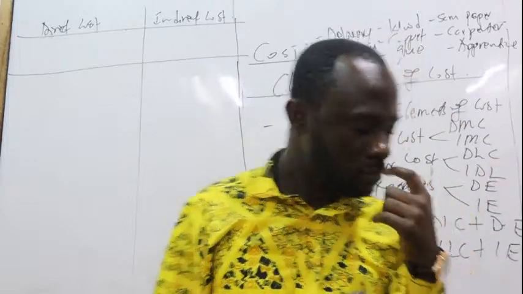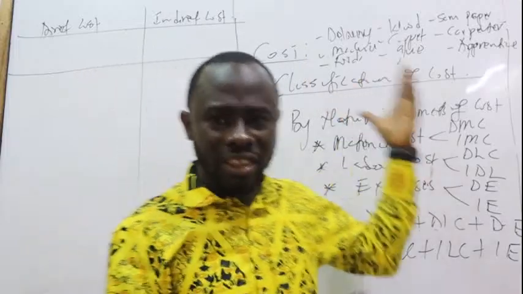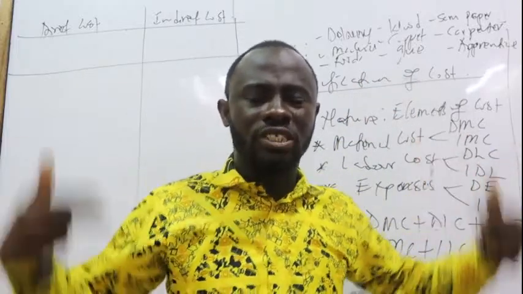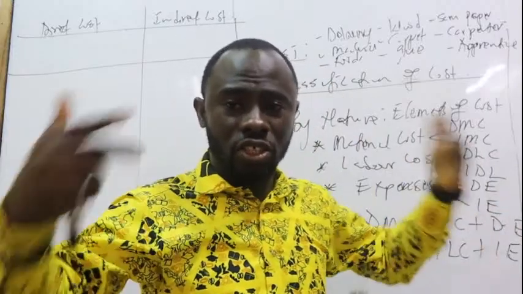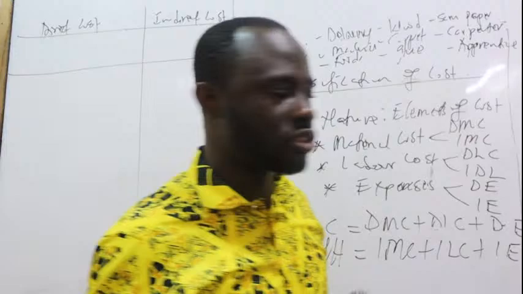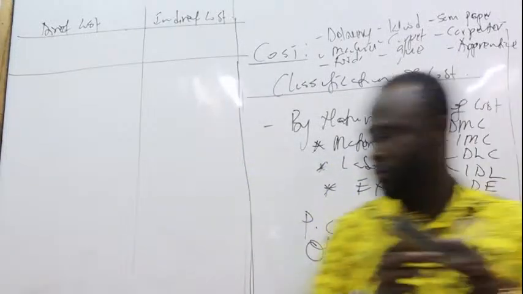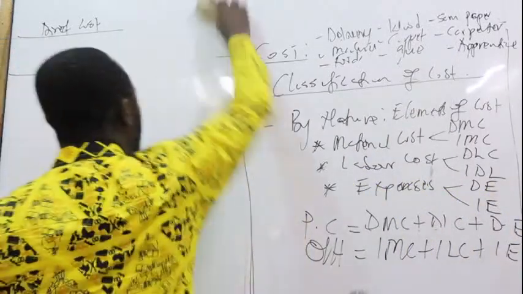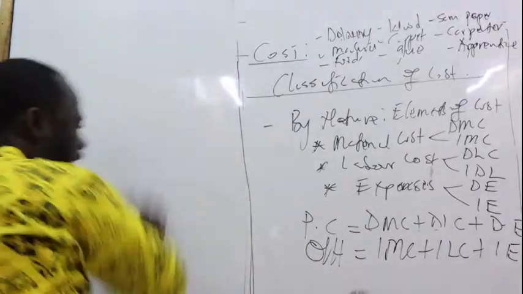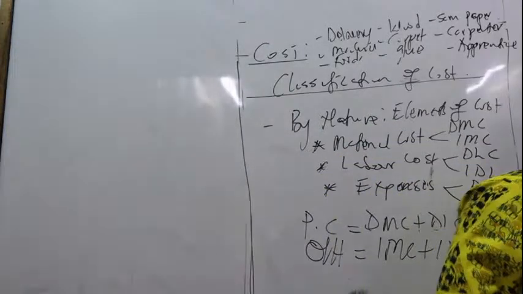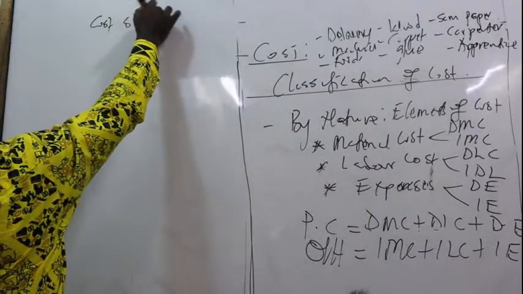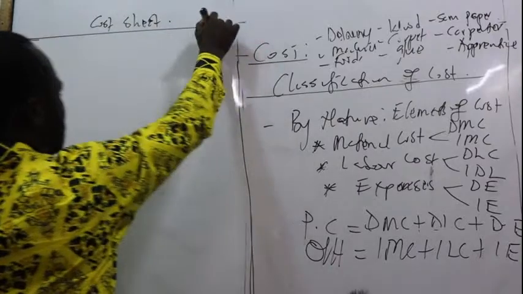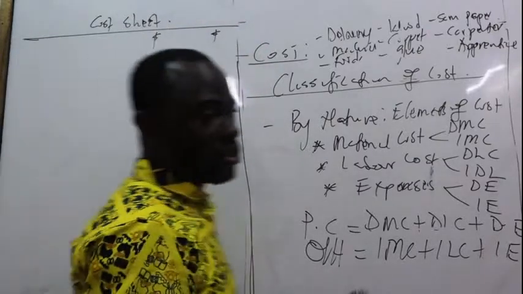So it is based on this knowledge of how cost is classified according to the nature or the elements of cost that we have the cost sheet or the cost card. So let's look at the cost sheet or the cost card, which I've already given you a glimpse of. For the cost card, we're going to work with two cash columns probably, and then let's bring the cost items.